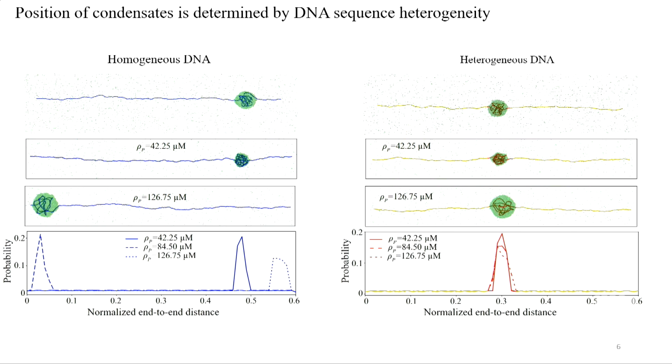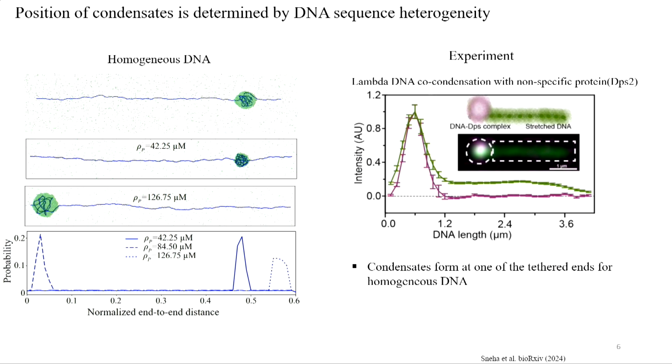For a comparison to the experiments, there is a recent paper submitted to bioRxiv last Saturday, and what they are doing here is looking at DPS2, which forms co-condensates in the presence of DNA. And DPS2 has a specific property that it doesn't differentiate between the different sequences on the DNA, and they found that these condensates do form at one of the tethered ends, right here or right here.